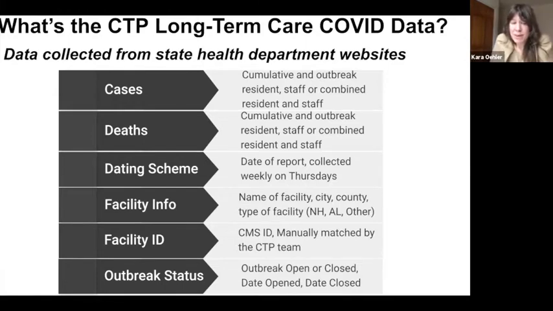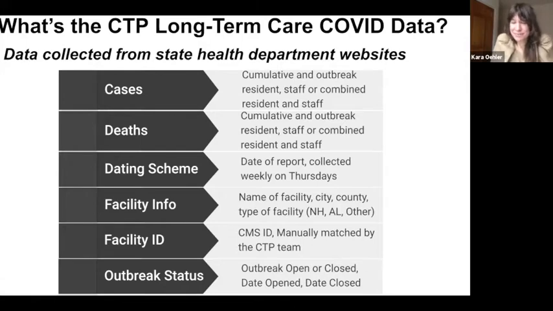And then also we manually match up the federal ID, which we'll talk about later, which is really an important key to the CMS data set. Unfortunately, no states provide that, so it's all manually matched up. And then we also gather outbreak status, which means if they currently have a COVID case actively at a facility.